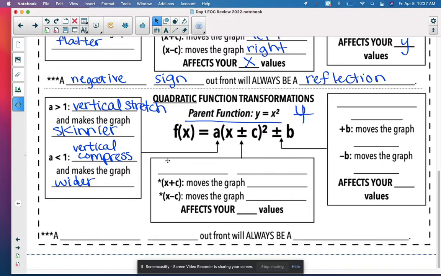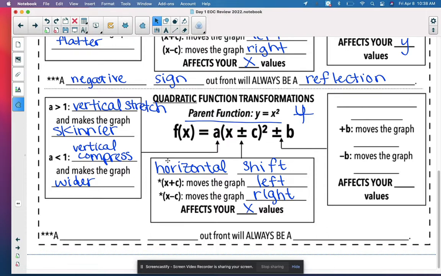The number in the middle is still going to be that horizontal shift, and it still works the same way as what we talked about above. If it's positive, we go left, negative, we go right, and again, this affects our x values. Same thing for the last number.